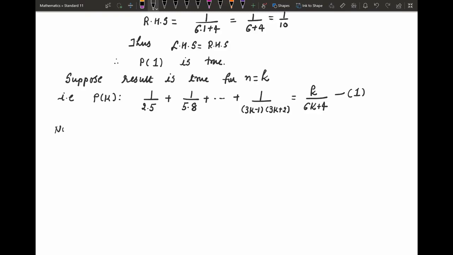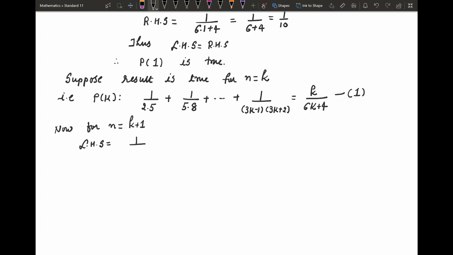So to prove P of k plus 1, we have to use result P of k. Now for n equal to k plus 1, LHS, when we take k plus 1 on LHS means first k plus 1 term. So first k term we will write, then we will write one more additional k plus 1th term.